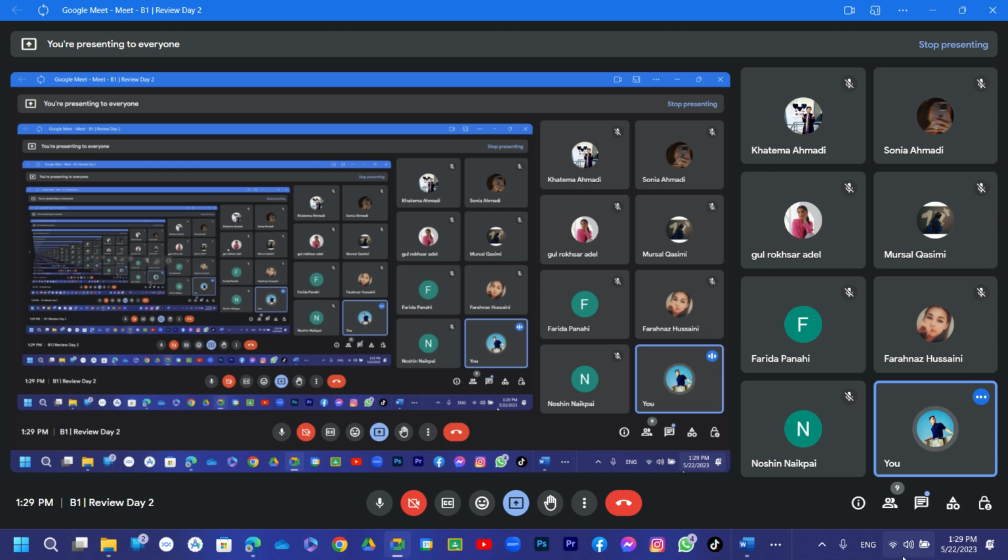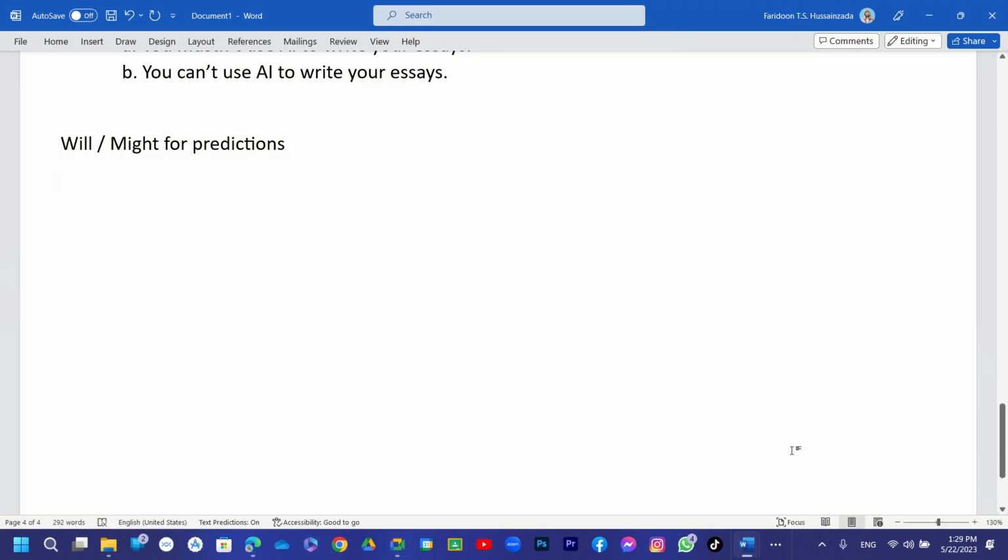I don't think it's that hard. Okay, then. Let me say it. So, predictions, guys, and please note it if you don't know. Prediction is like a forecast, right? Let's write it: forecast of a future event.